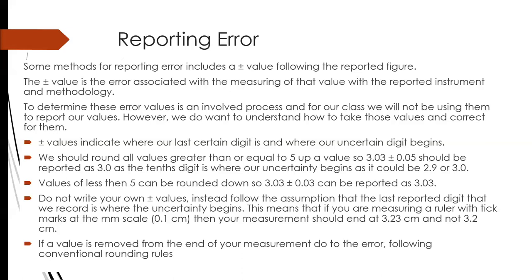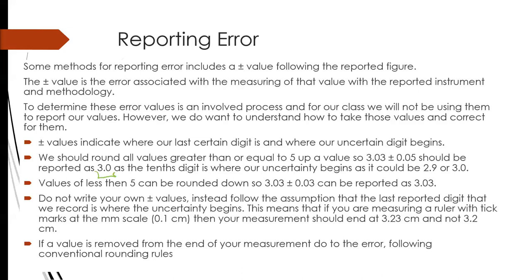What that means is that that 0.05 is giving us a lot of uncertainty there, where that 0.03 would be. It's so much uncertainty that we don't have any confidence now in that 3. So we're going to round that up, and we're going to report that number as 3.0 instead of as 3.03. That takes care of that plus or minus 0.05.